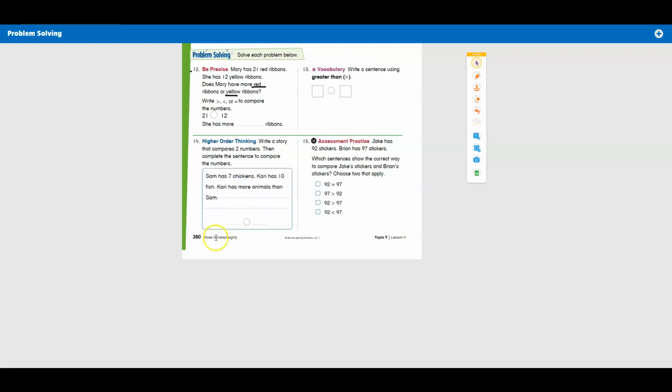So in my sentence, I used 2 numbers and I compared them.